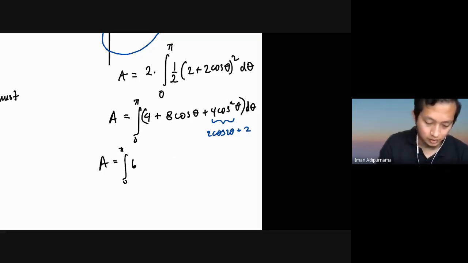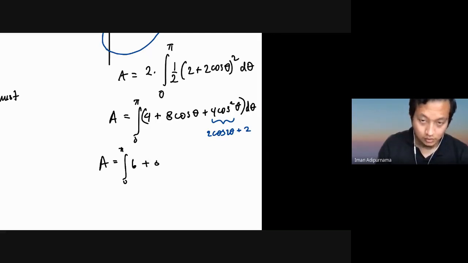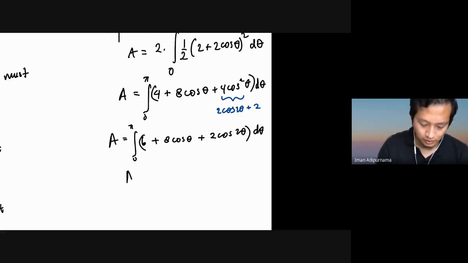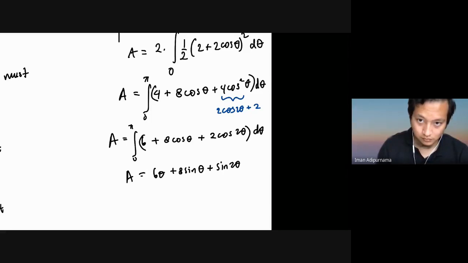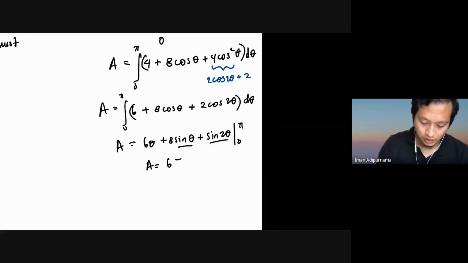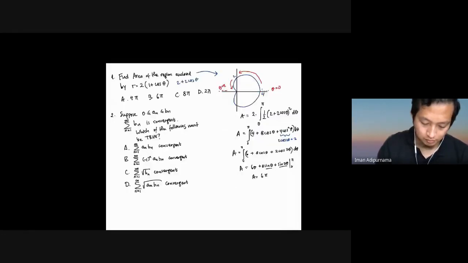Let me write this first, and integrate. And this will be 0, so it's 6 pi. So it's B.